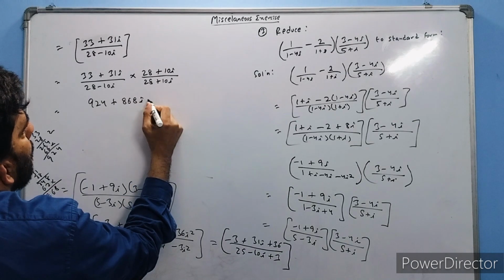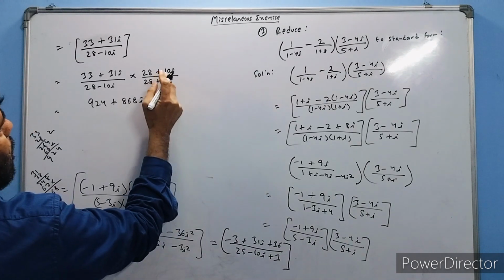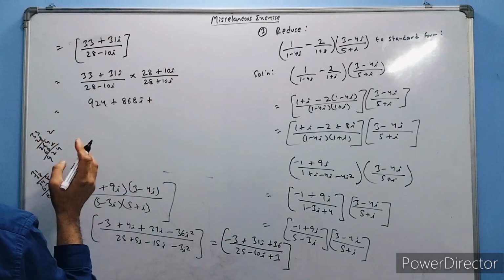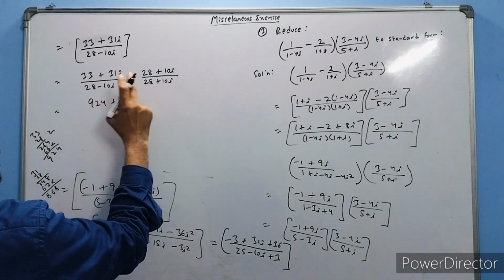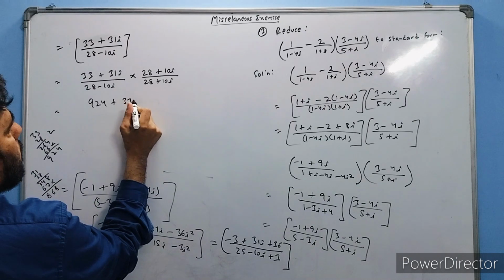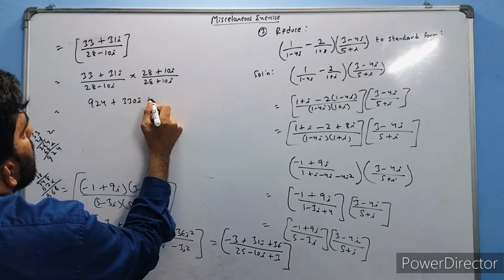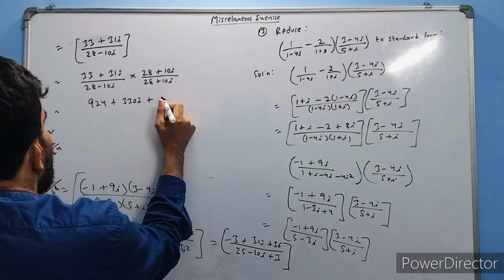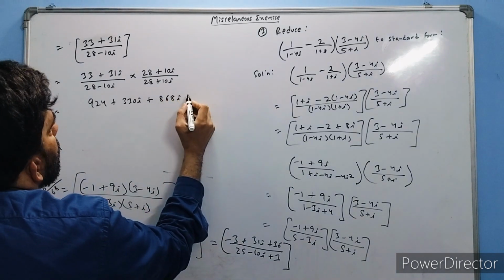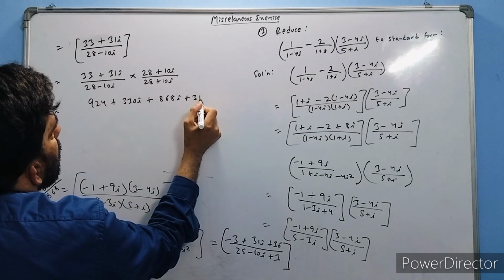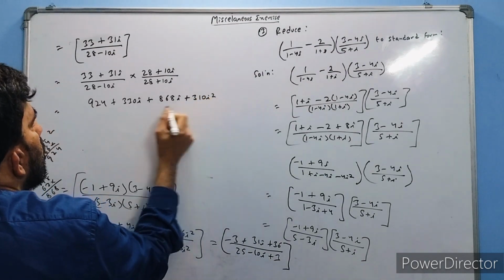868i plus, if I multiply now, I have got this 33. 33 into this plus I got 330i plus I have got this 868i plus 310 i square.